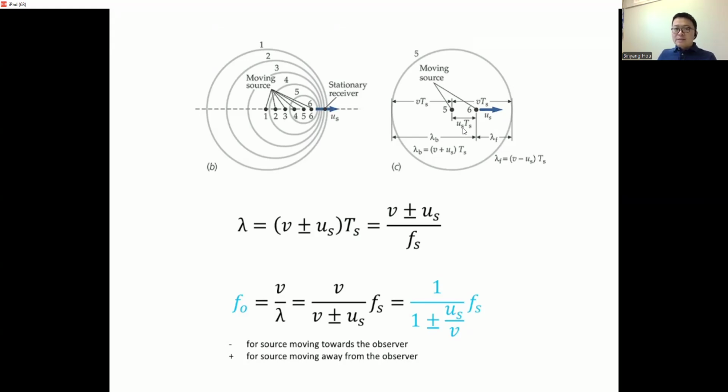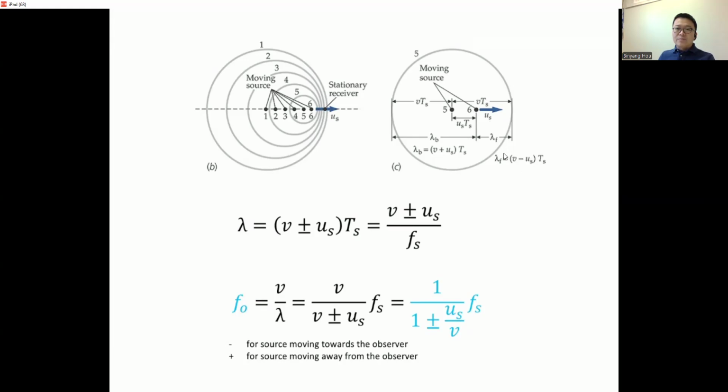So lambda becomes this minus this, with the same T sub s. It will be the speed of the sound minus the speed of the source, u sub s. That's the new wavelength.